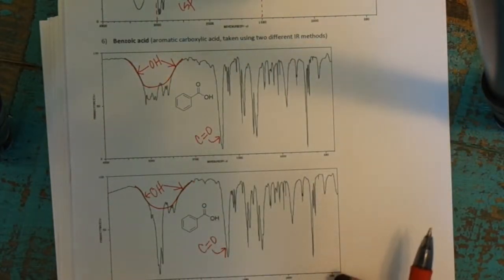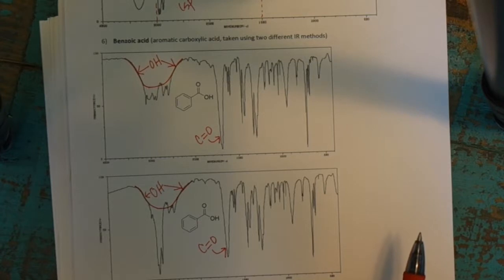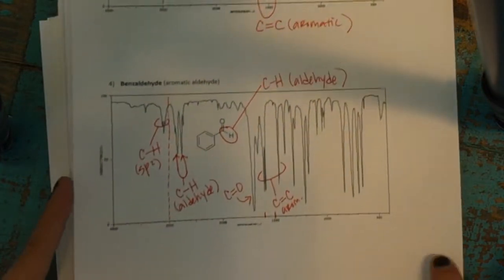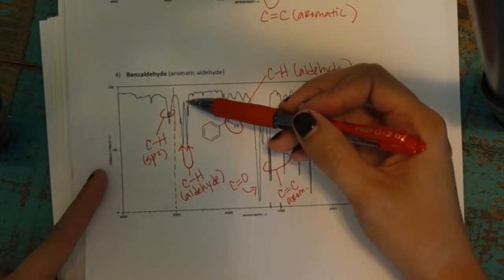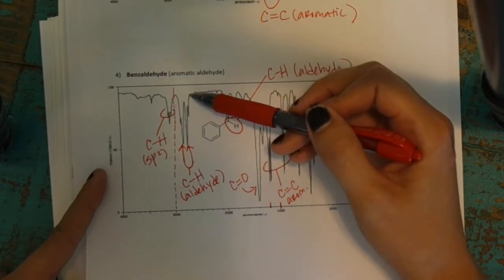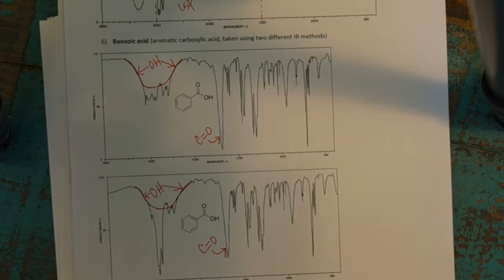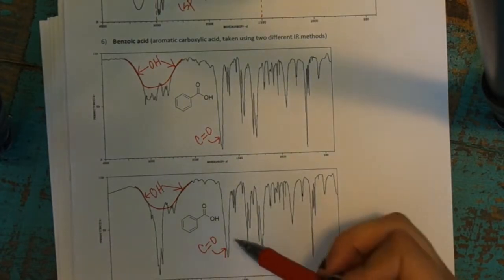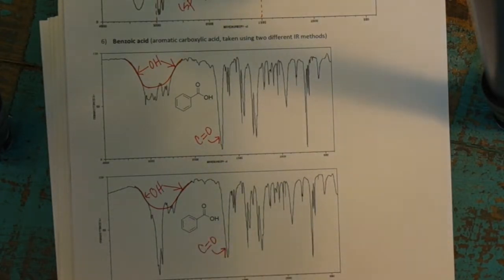You can see in the other spectra that we've done, they don't have that blobby shape. If we go back to benzaldehyde, you can see the CHs don't have that broad blob pushing them out that you see here. So again, it's subtle, but if you know you have a carbonyl, you want to be on the lookout for that, because that could happen. So that's for your carboxylic acid.